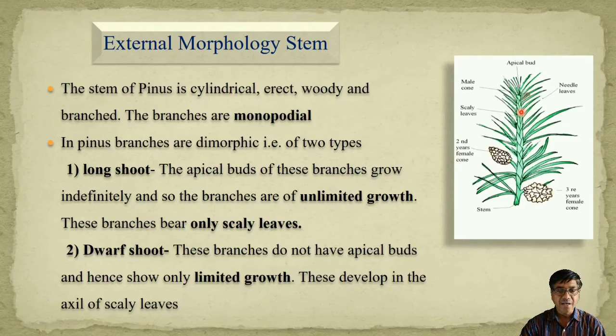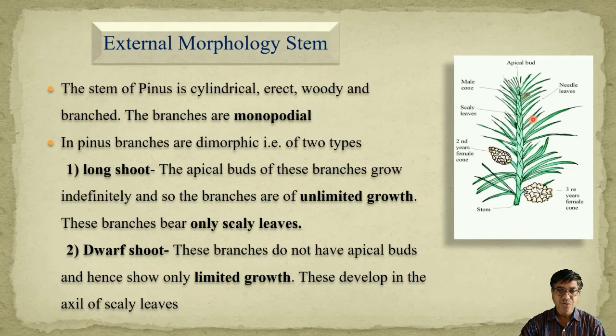Second, dwarf shoot. These branches do not have apical buds and hence show only limited growth. These develop in the axil of scaly leaves and bear both scaly leaves and needle-like foliage leaves.